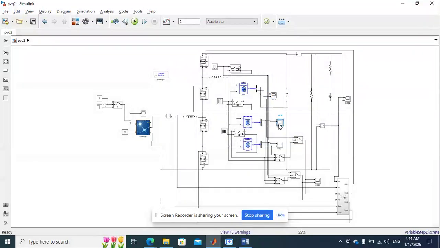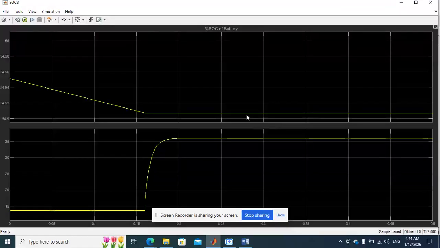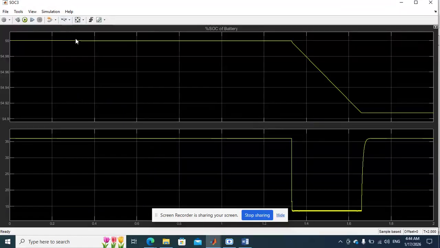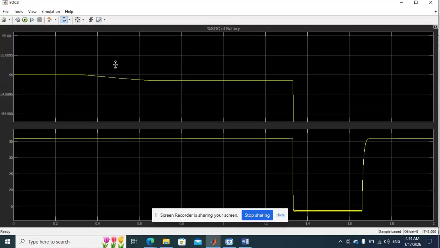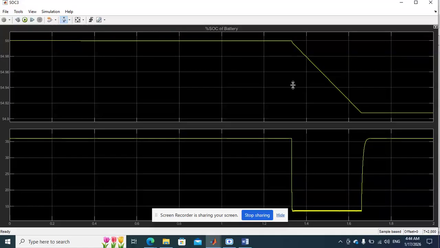Similarly, when the 55 percent SOC battery is connected, initially the battery will be disconnected, and after that it is the same, and after 1.3 seconds the battery SOC is reducing here.